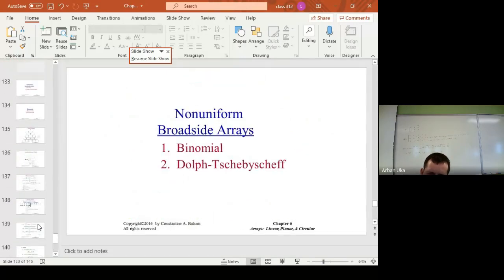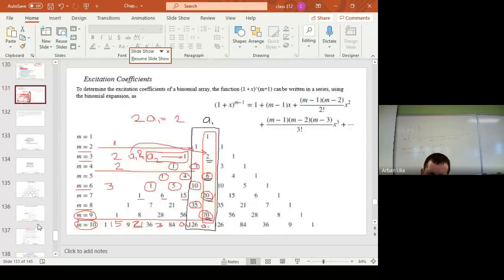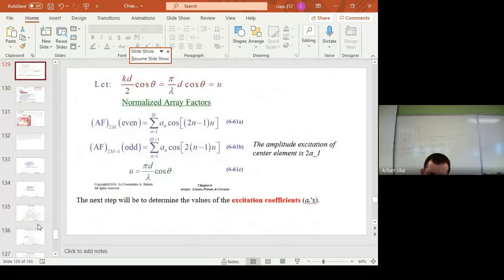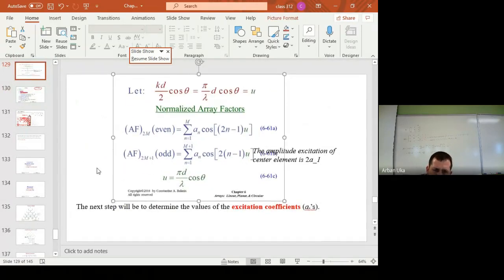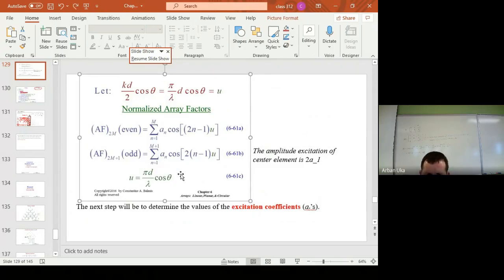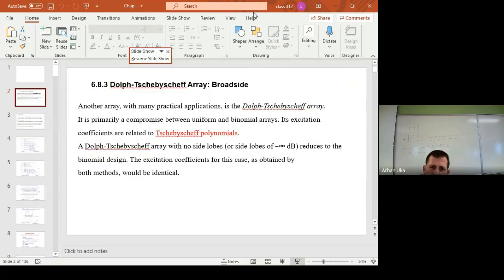So these coefficients that we're looking for, this is how the array factors are going to look. This will be described as a function of the cosine of some harmonic. What is this? This is the Chebyshev polynomials.